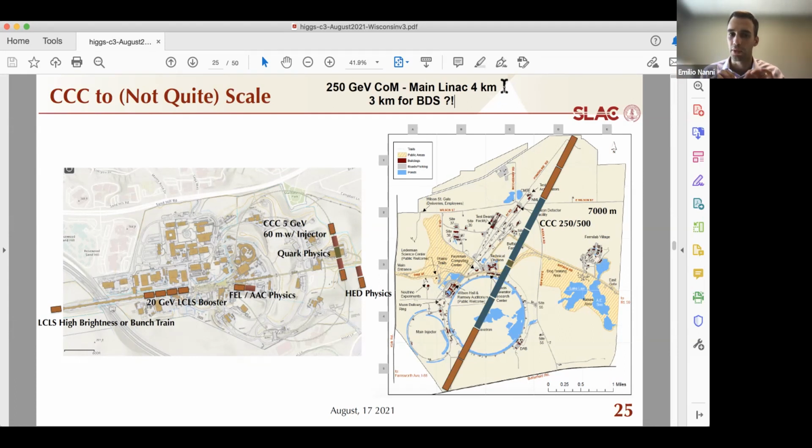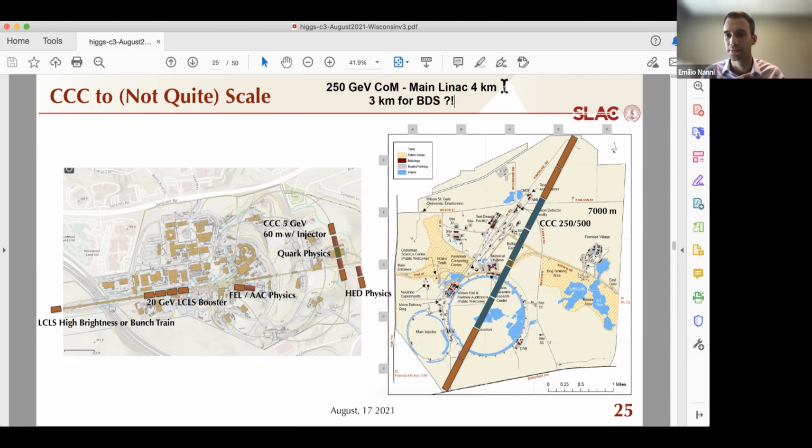However, if you reduce their design to 250, all of the cost savings are in the main LINAC, and a shorter tunnel as well. But it all comes down to the main LINAC at the moment, because we're built off of their cost model.